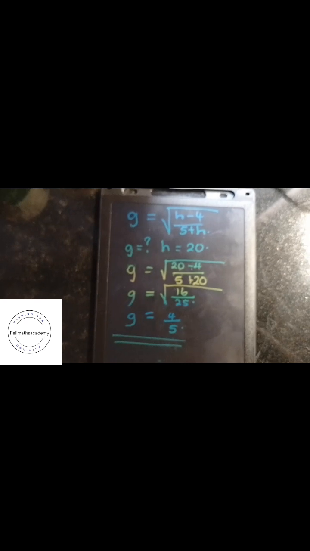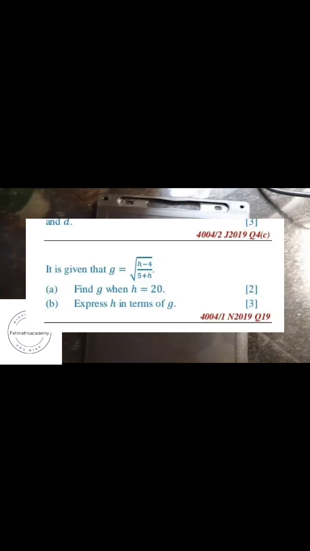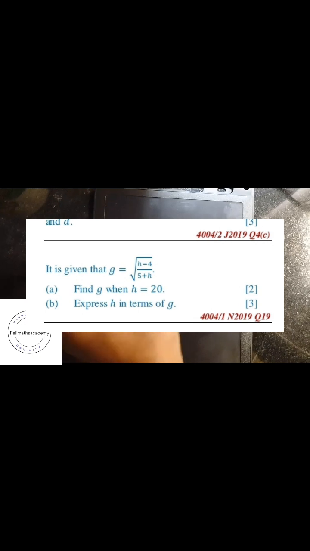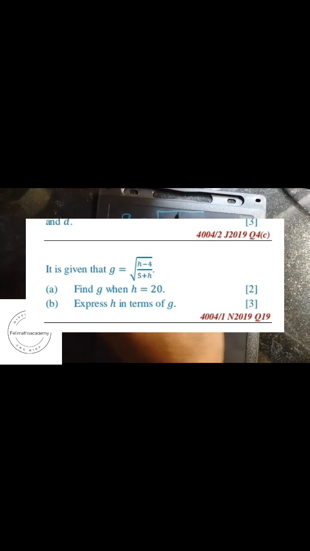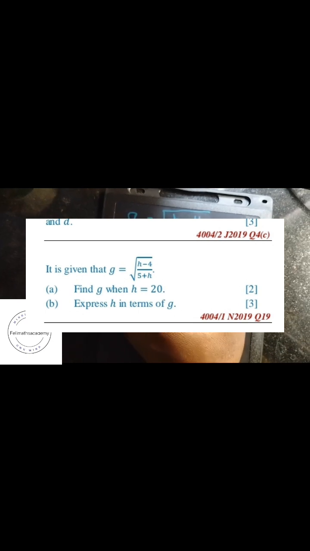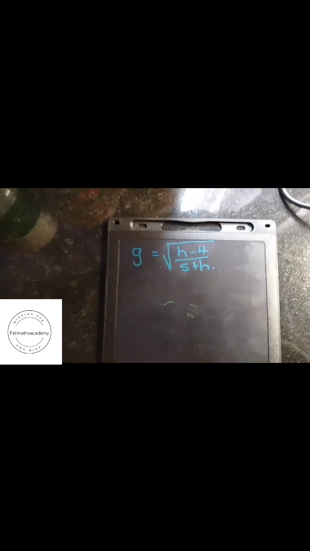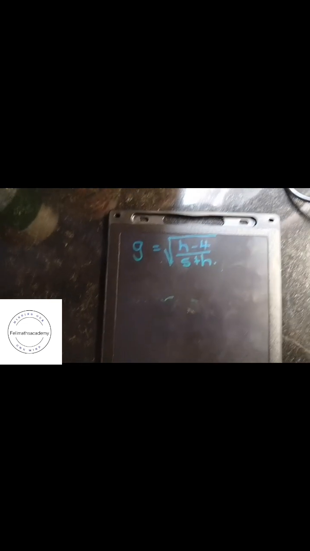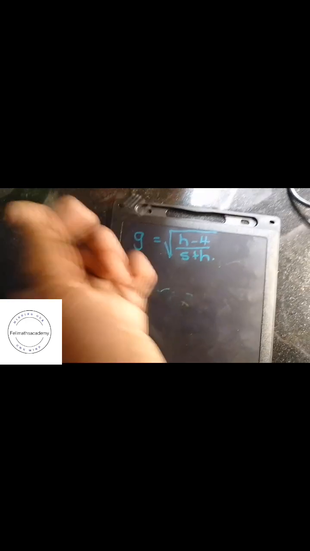Then part B, express h. So our question is g is equal to the square root of h minus 4 over 5 plus h. We are required to express h in terms of g. So to express h in terms of g, we square both sides.